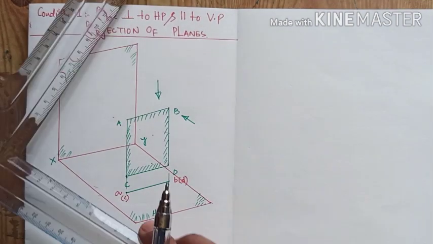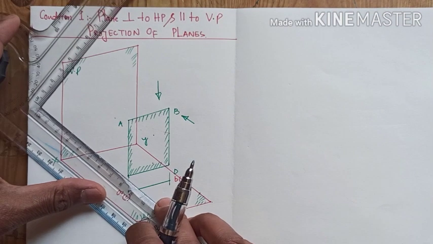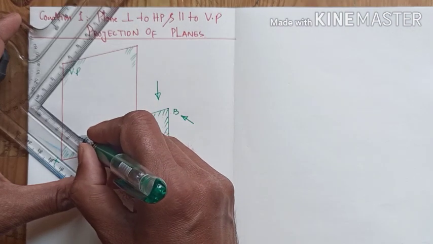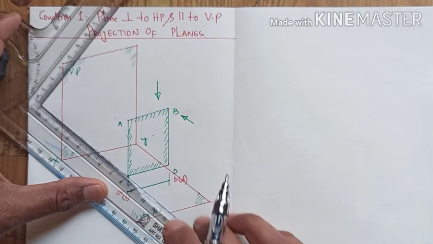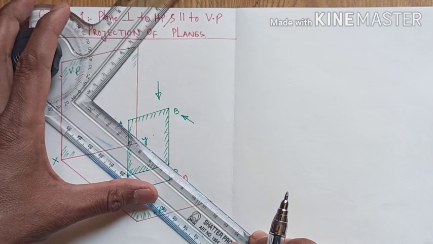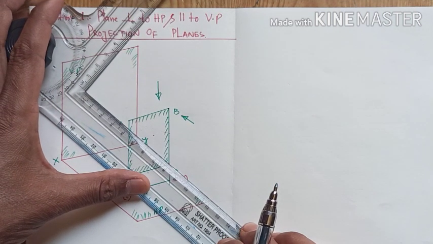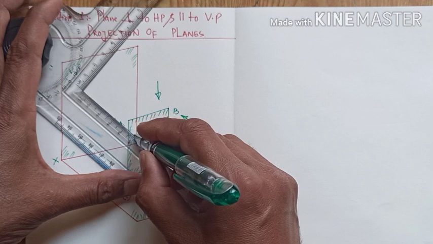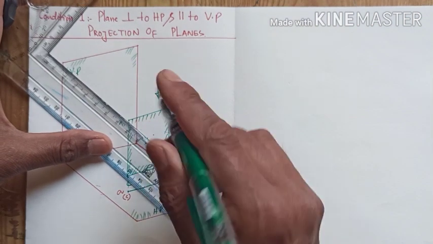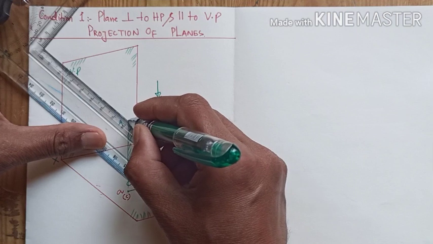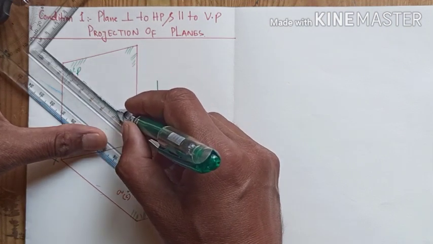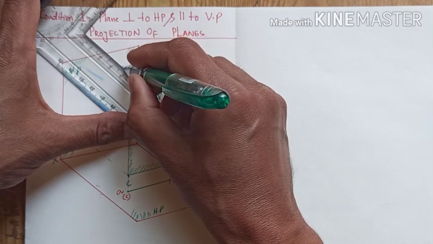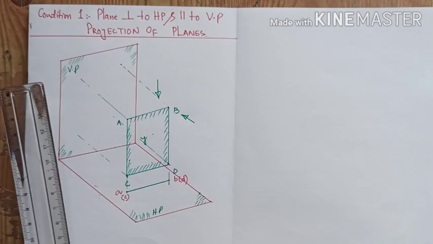So how can we see it? Let me draw the projection points. Similarly, projected points from this point, and similarly this point. So these are the projection lines which I have drawn.